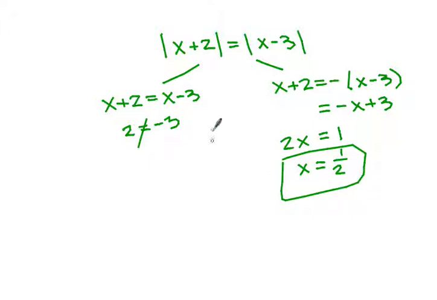If you think about it graphically, hopefully that kind of makes sense, because you end up with a graph that was shifted left 2 units and a graph that was shifted right 3 units. And so their only intersection point is that one point, which mathematically worked out to x equals 1/2. Okay? These two lines are parallel. They'll never intersect again.